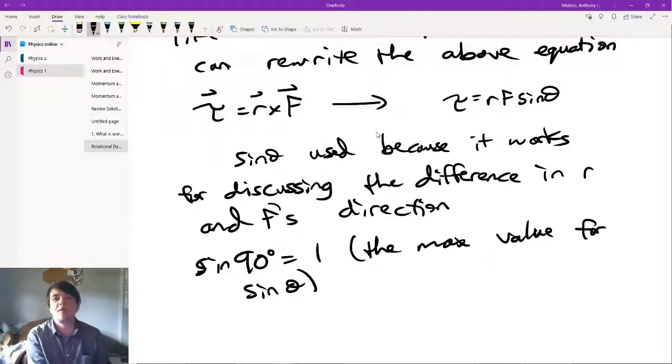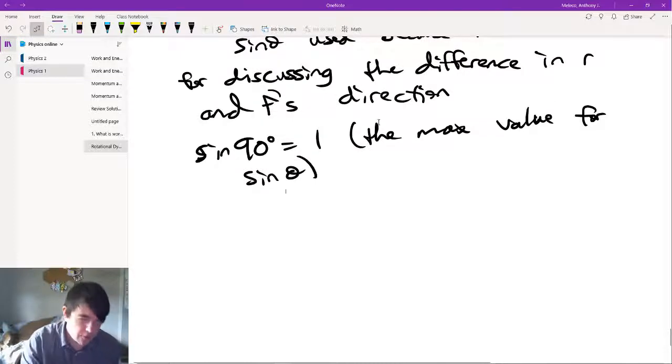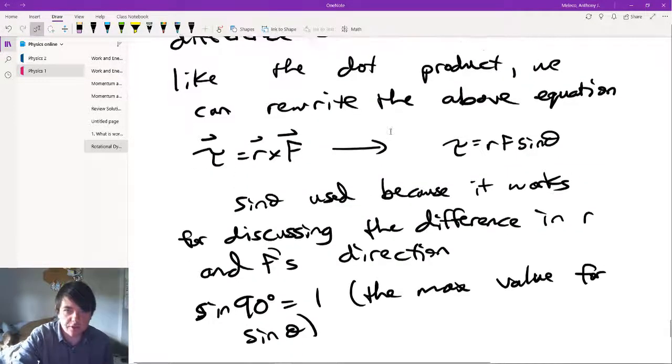Because if you don't know, sine varies between 1 and -1, just like cosine theta does. So now let's discuss torque's direction.